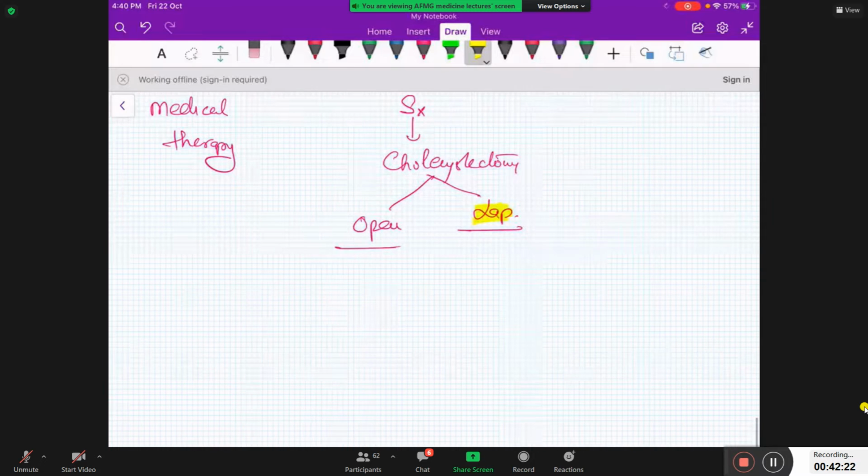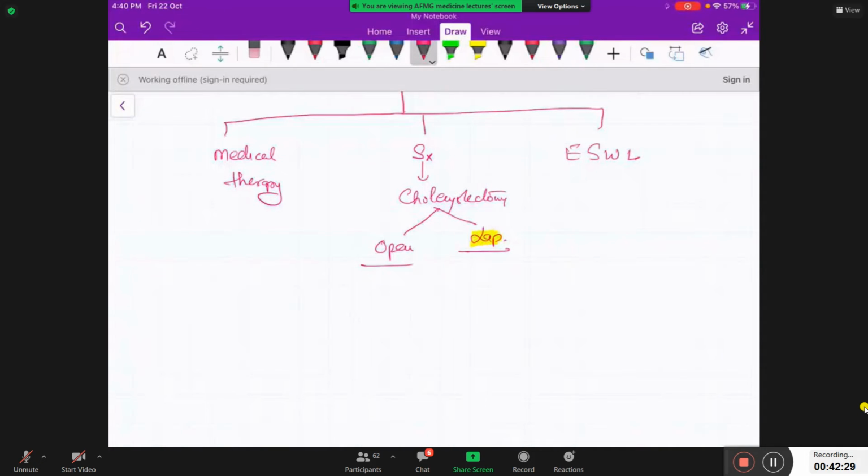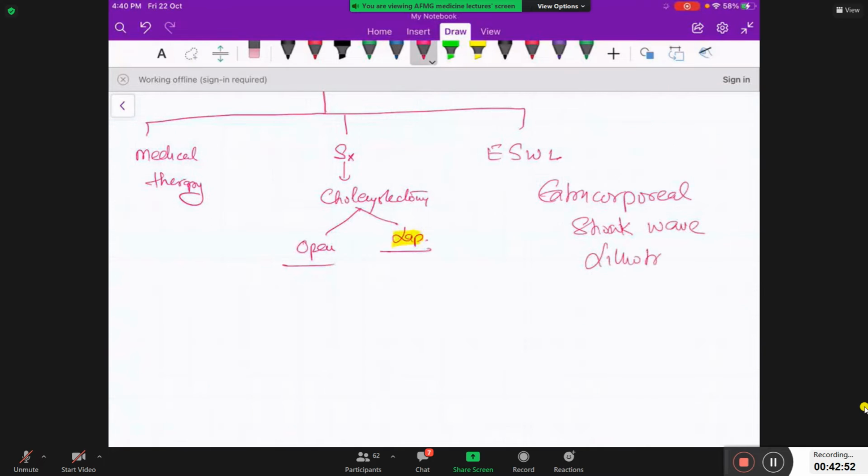Then we also have an option of ESWL. What is ESWL? Extracorporeal shock wave lithotripsy.